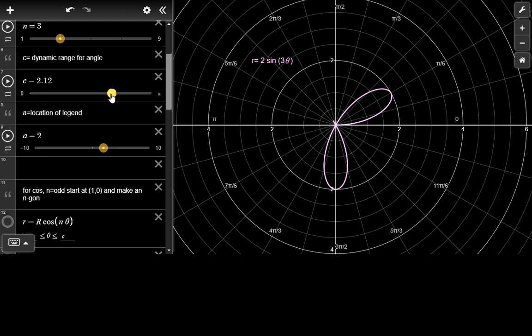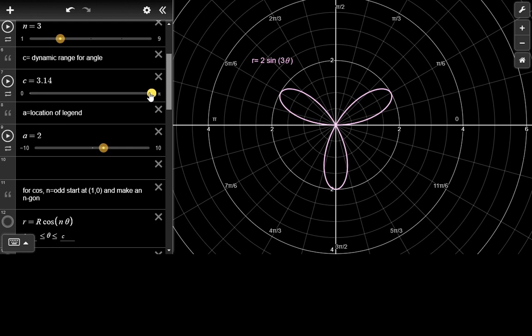So we have the critical point pi over 3 that brought us to 0, and then 2 pi over 3 brought us to 0. The third approach towards 0 will be at pi. So let's see. We reach the tip, and then turn around, and by the time we hit pi, we get to the origin again.